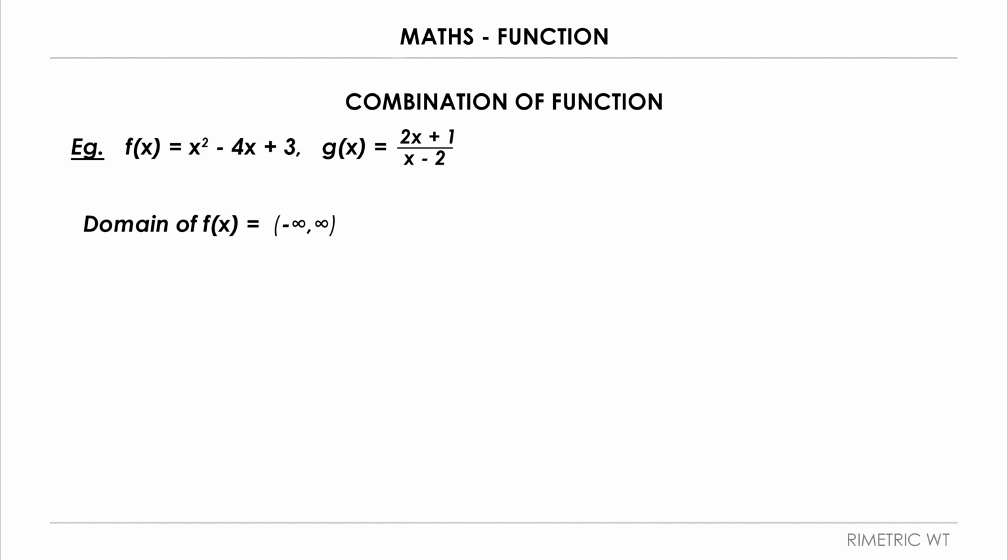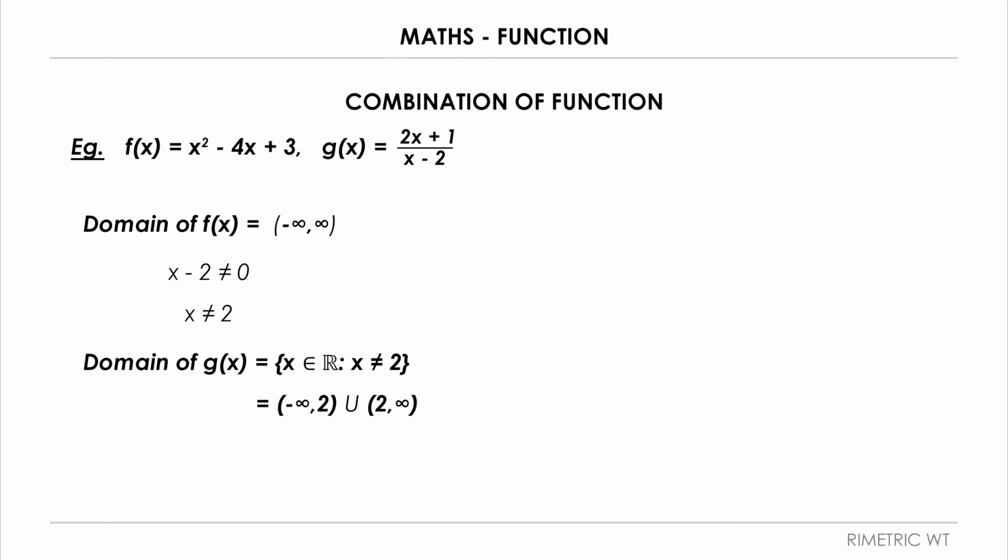But for the rational function, we exclude the value of x that makes the denominator 0. Here, the denominator of g of x is x minus 2, which must be different from 0. Therefore, x must not be 2, meaning the domain is all real numbers except 2, or in interval form, minus infinity to 2 union 2 to infinity.